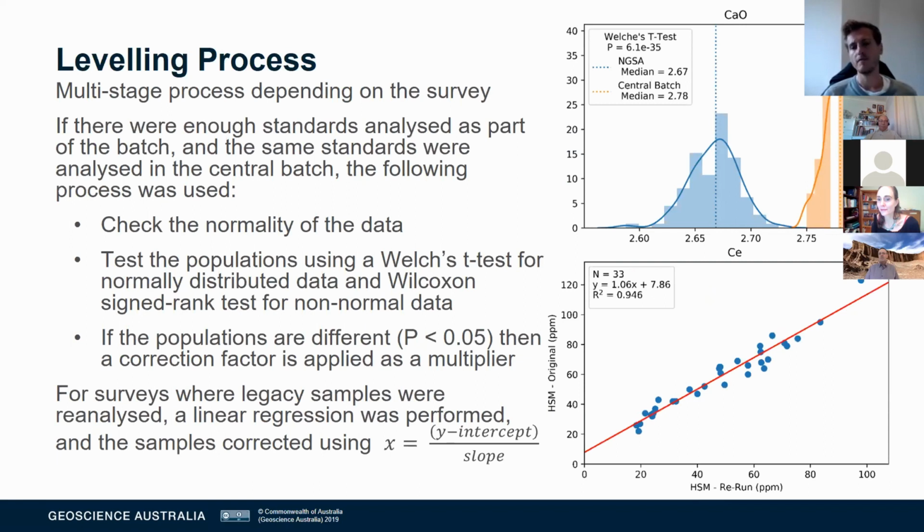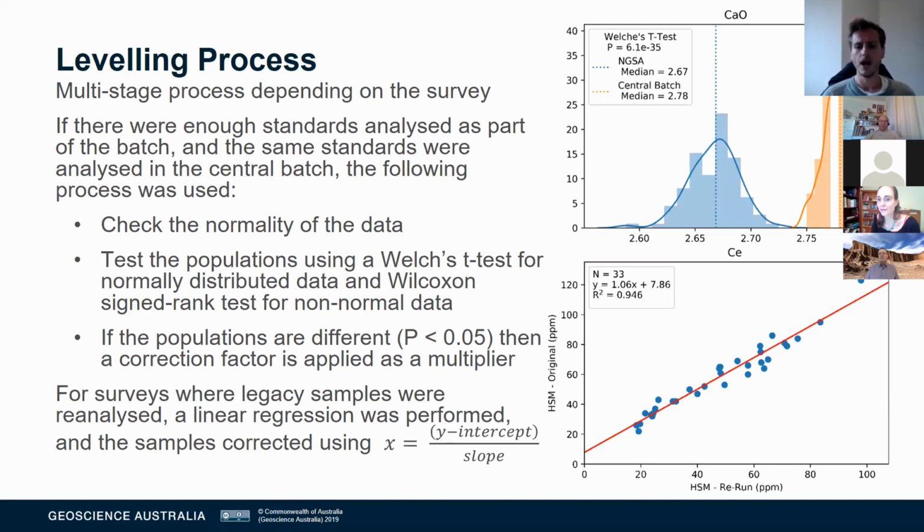So that top right figure there shows, in this case, calcium between a group of samples that we reanalyzed and ran in order to level to the NGSA. And we can see there, despite there being only a slight difference between the actual median results between the two, they're very distinct populations, and that's going to be drawn out when we look at these samples together. And then secondly, we also use linear regression.